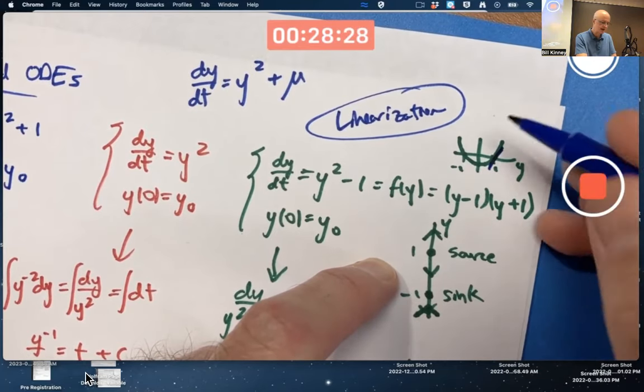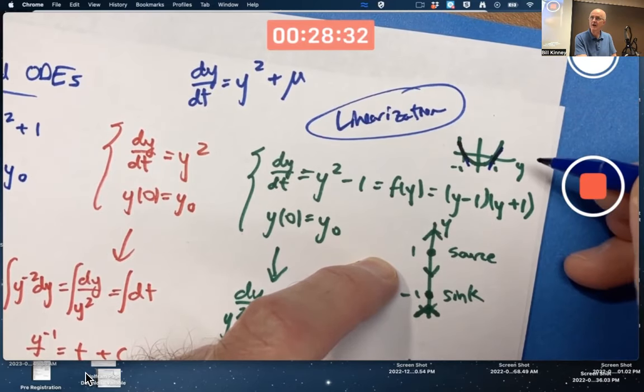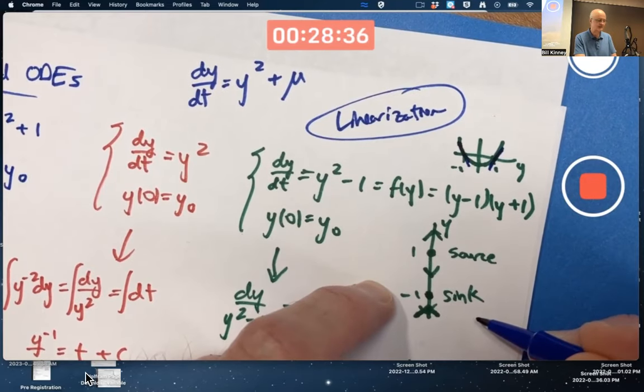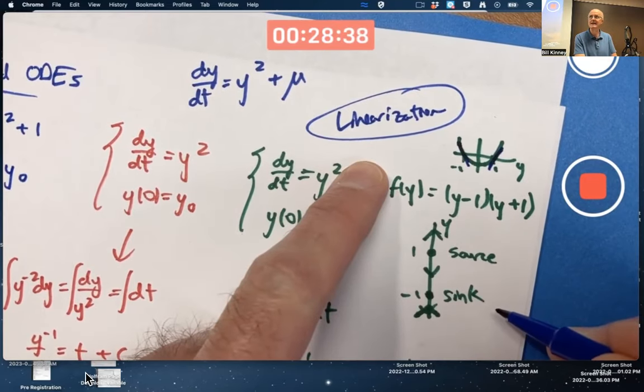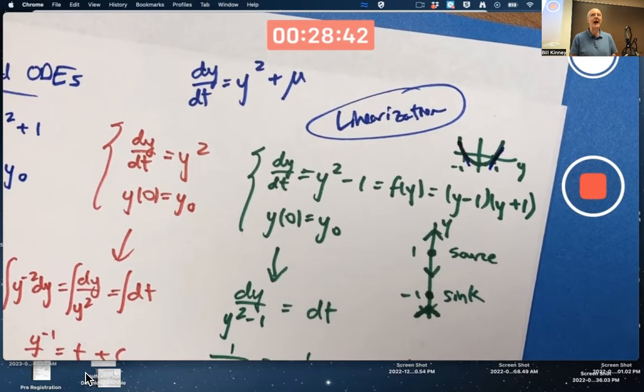The fact that this one's positive and this one's negative for the derivatives, the slope of that curve, implies this one's a source and this one's a sink. That's what the linearization theorem implies. That's a really big deal. It's a minor deal right now. It's a really big deal when we get to chapter 5 near the end of the semester, linearization.